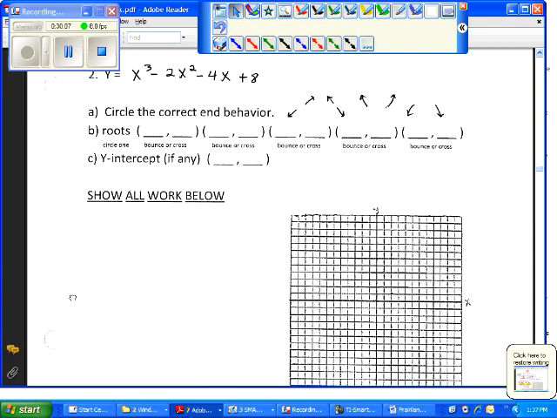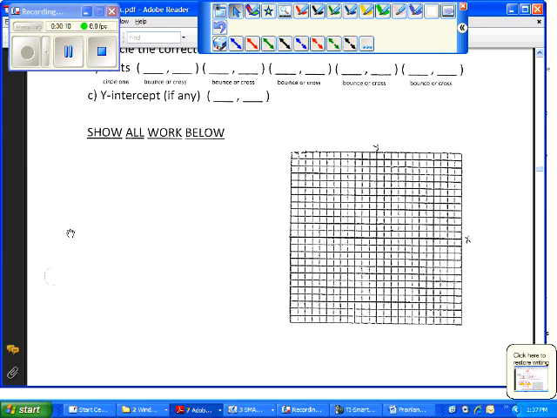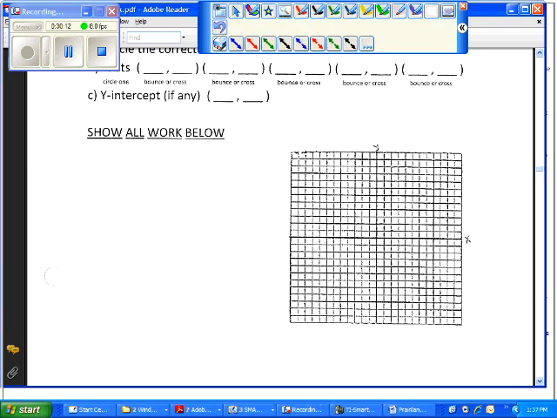All right, so it had the roots of (2, 0) and (negative 2, 0). It had a y-intercept of... are you noticing the order I'm getting all my points on there before I do all the end behavior and the crossing? Because we got to figure out where the thing's going before we can put our little arrows, okay?